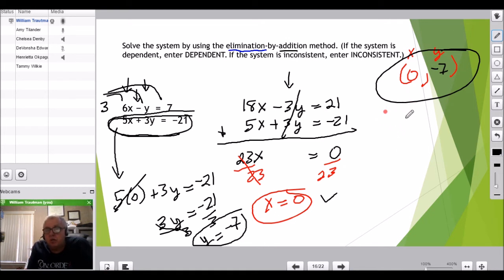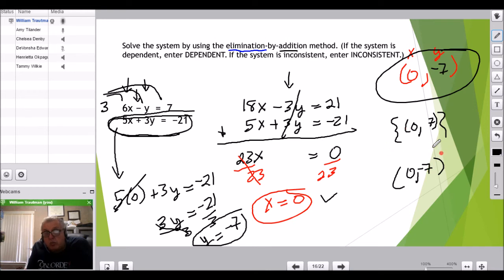Oh, the set bracket. No, I don't think so. For the homework, for this type of problem, no. Our solution is a coordinate, and this is how you write the coordinate.